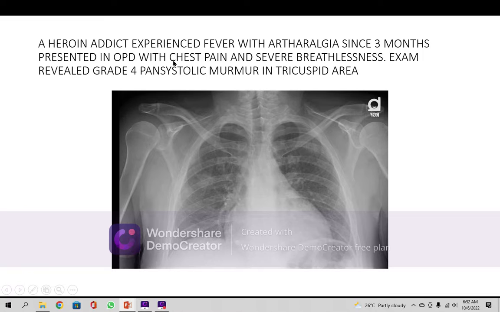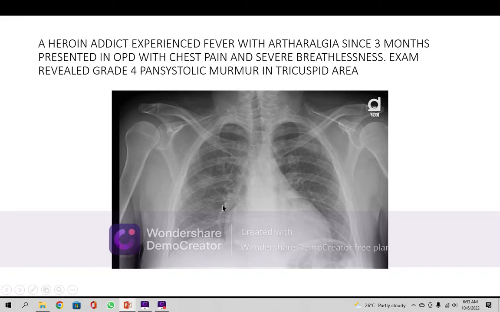Now in this case, according to the scenario and the pansystolic murmur heard here, the possibility is bacterial endocarditis of the right side. It is infected, and if it breaks down, it will be carried to the pulmonary artery and the lungs, and it will cause a septic type of pneumonia because of the infected emboli.